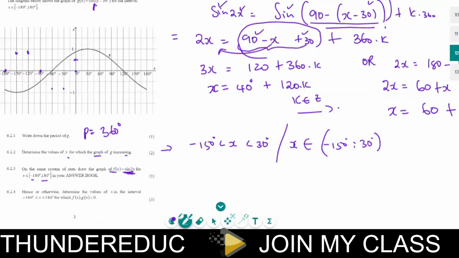And then with positive 30, it's going to be 0.86, which is somewhere there. And then with 60, it will be the same story. And then with 90, it's going to be 0. And then with 120, we have negative 0.86, and then that, and then that.